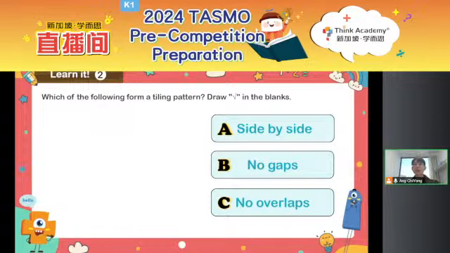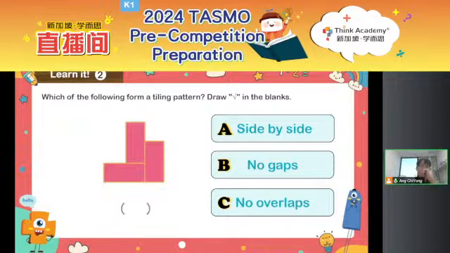Now, let's take a look at one example of tiling. For this one here, what small shapes do you see? It would be a rectangle, right?